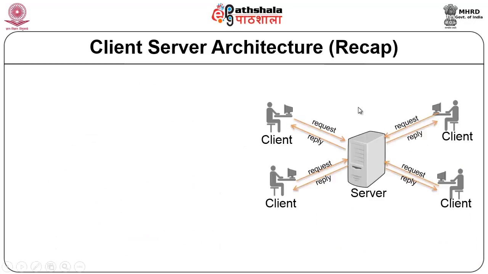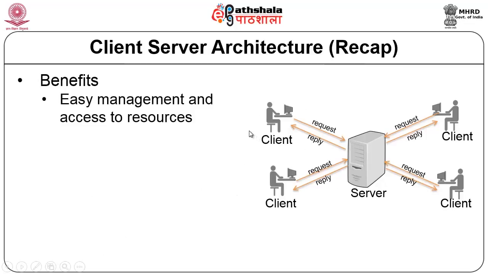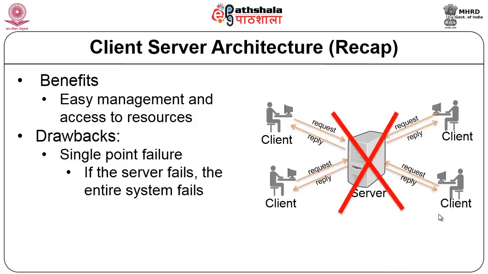Now, if we look at this architecture of client and server request and reply, the benefit is very easy management. We just put one server, we configure it, and we let that IP address be known to all the client machines, and quickly we can deploy such a system.